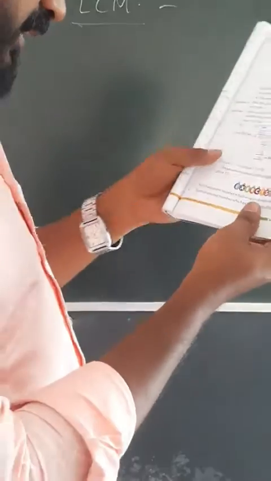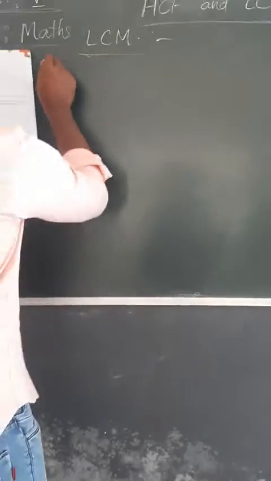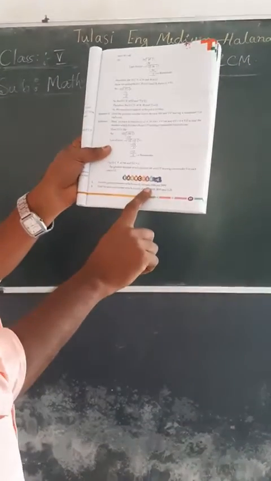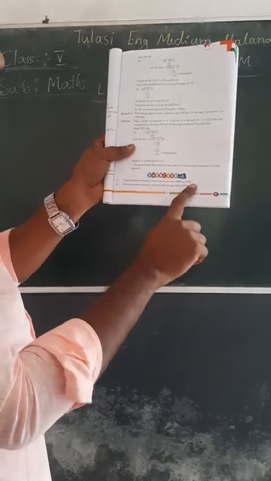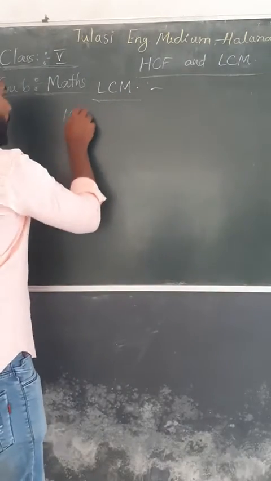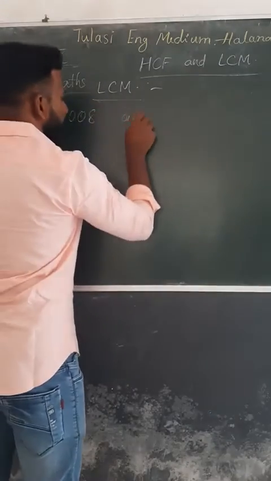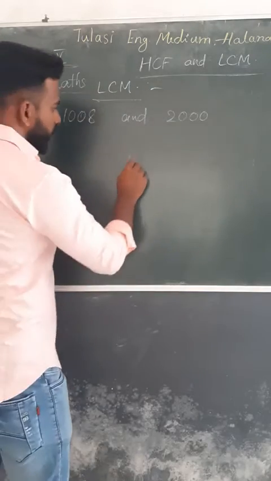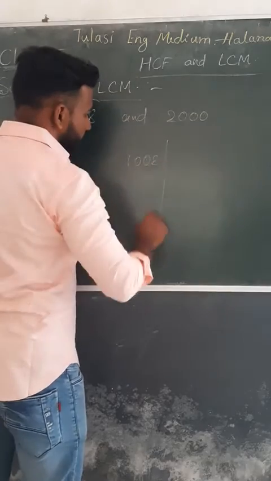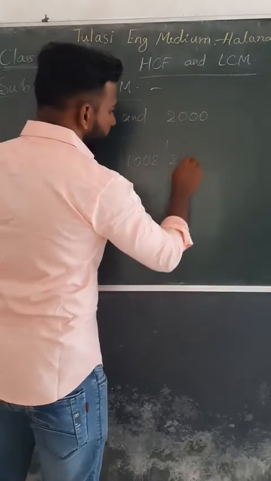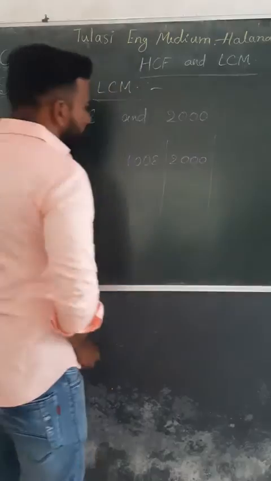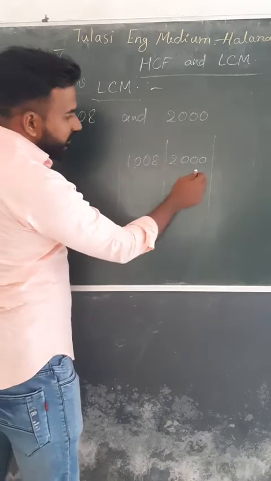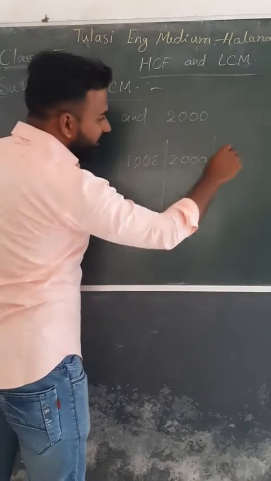One from the exercise. Find the greatest number which exactly divides 1008 and 2000. Long division method. 1008 is divisible once in 2000.